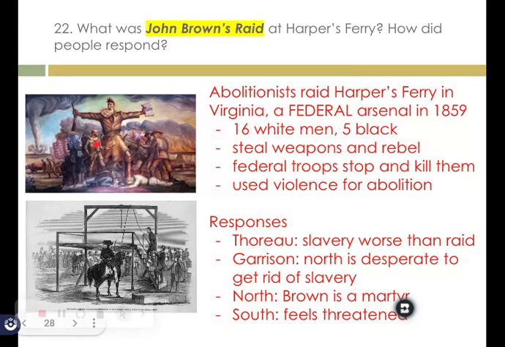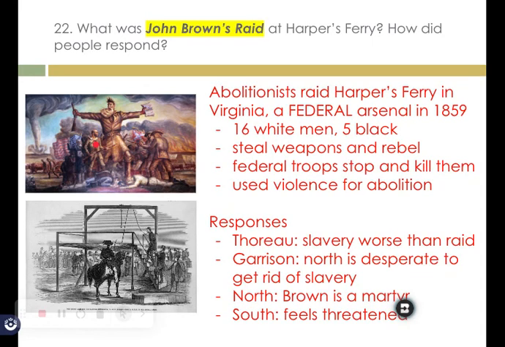Because all the way up until 1859, most Northerners, even though they hated slavery and thought it was morally wrong or believed in free labor, whatever the reason for their abolition, thought that the problem with slavery could be solved using compromise. We've seen this ever since the 3/5 Compromise, the Missouri Compromise, the Compromise of 1850.